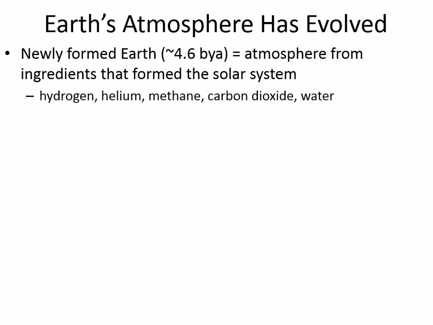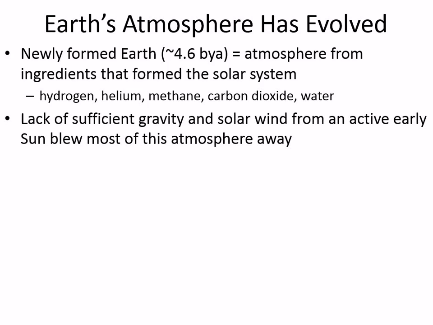And actually, our atmosphere now, we don't have hydrogen. That would be flammable, right? I don't know how long it stuck around, but hydrogen is very light, so it went away because of that.